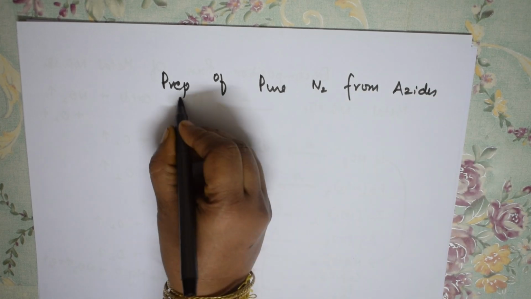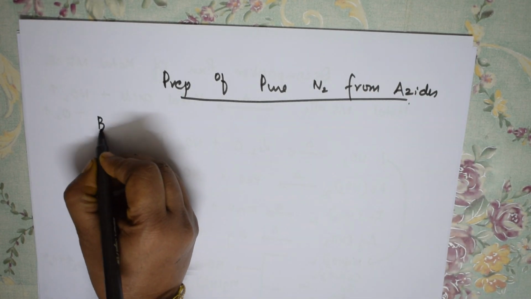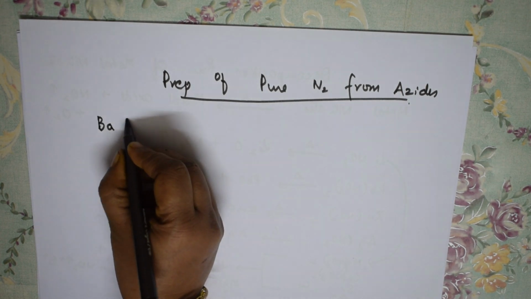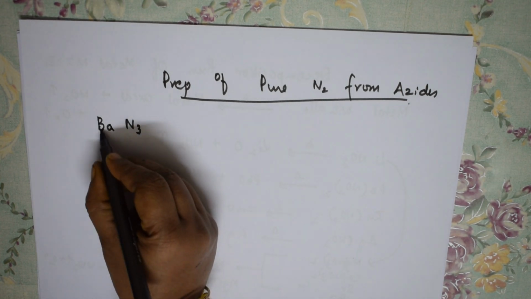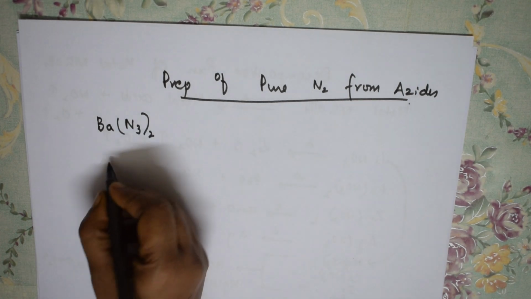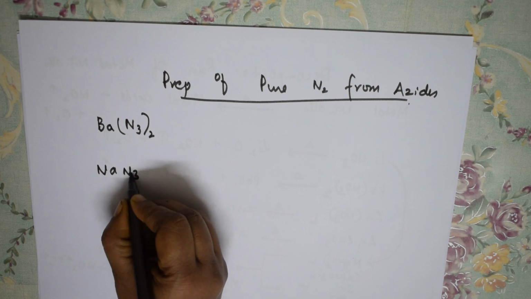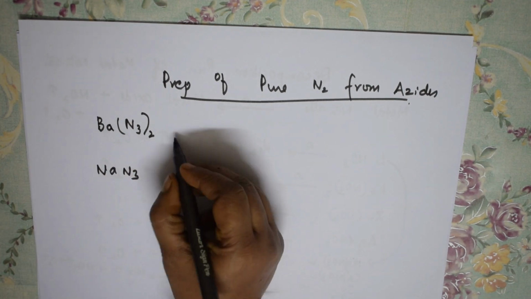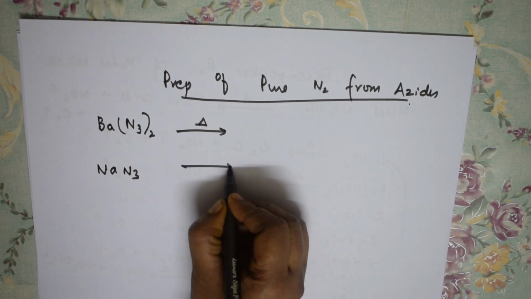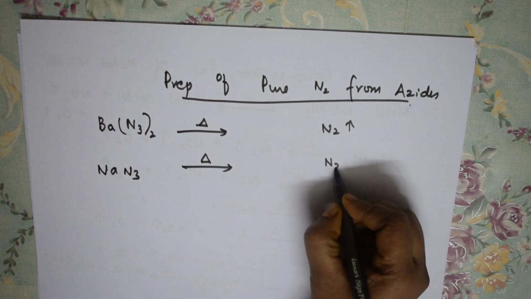Azides, okay, what is the formula? Azide is nothing but, suppose barium azide, barium, Ba, azide means nitrogen. Barium valency 2, azide valency 1. Sodium azide, NaN3, sodium valency 1, azide valency 1. When you're heating these two, first important thing, nitrogen gas comes out, because you're preparing the pure form of nitrogen.